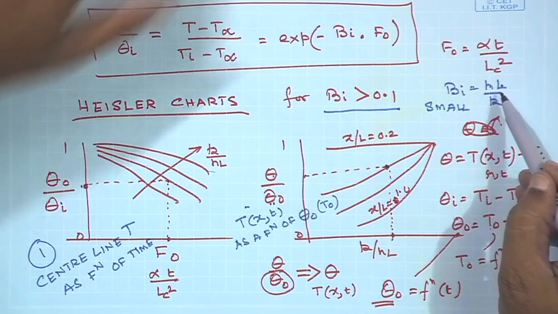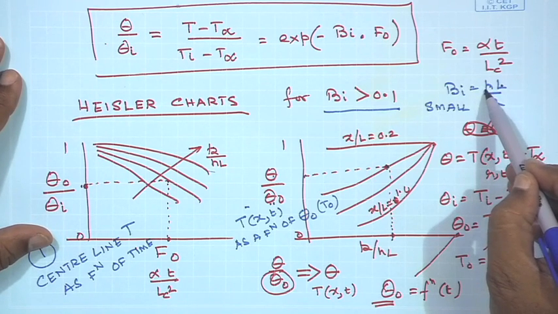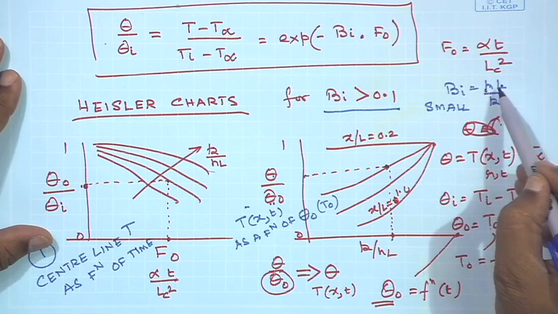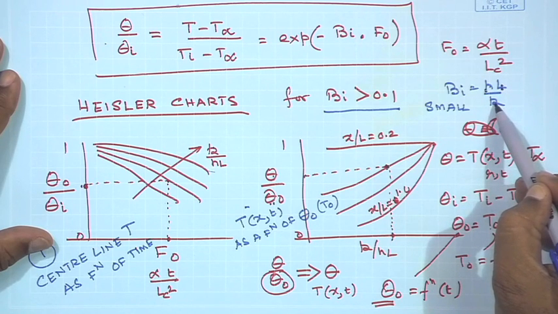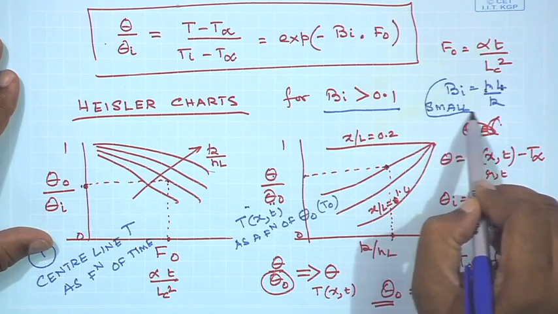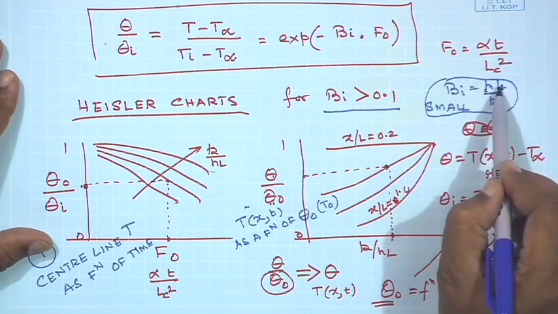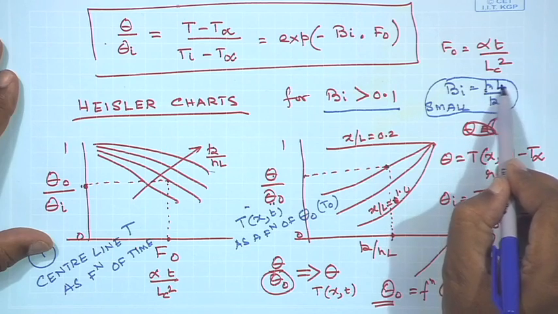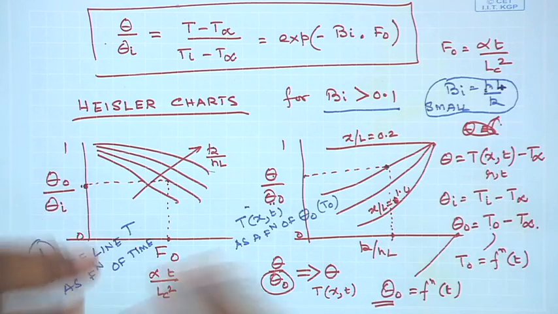So, these situations arise if it is open to natural convection, if the length scale is too small, or if you are working with a material that has a very high thermal conductivity. This property combination and the geometric parameter would give you the value of the Biot number.